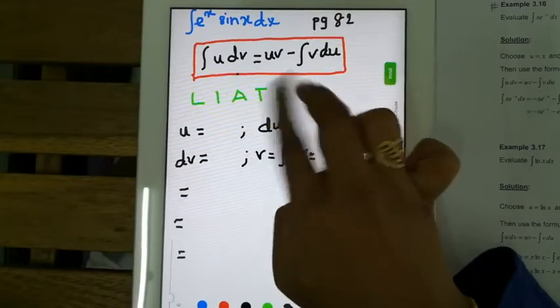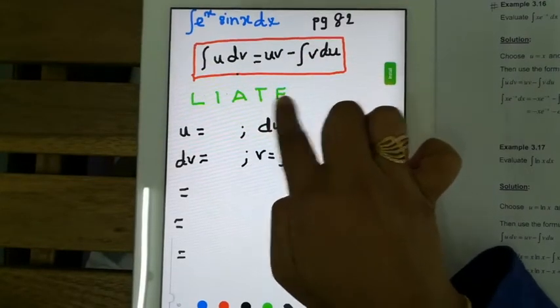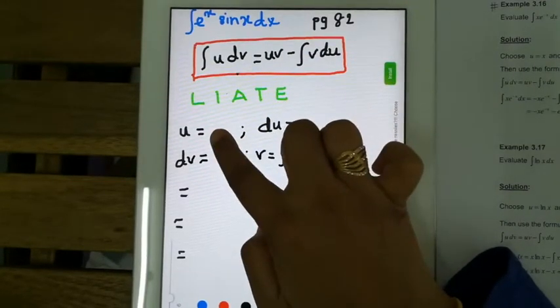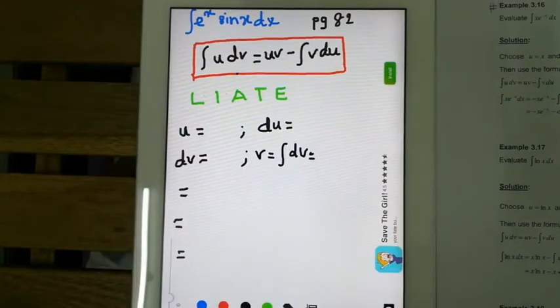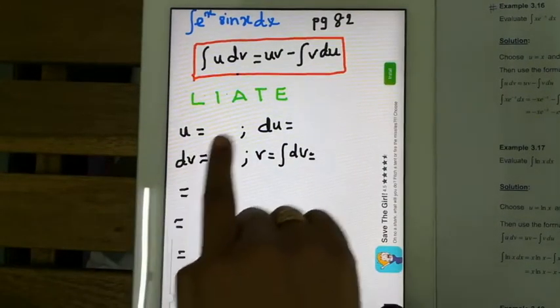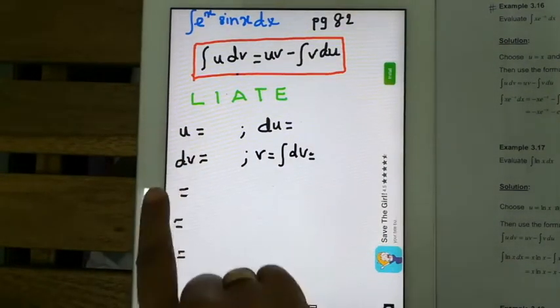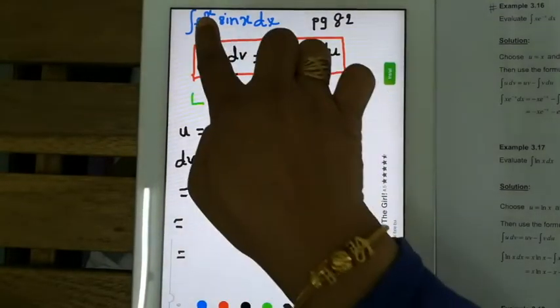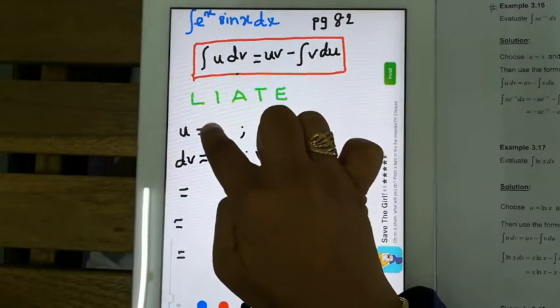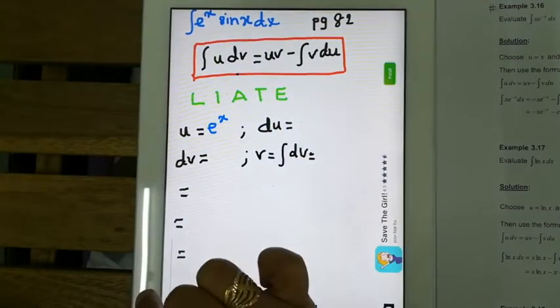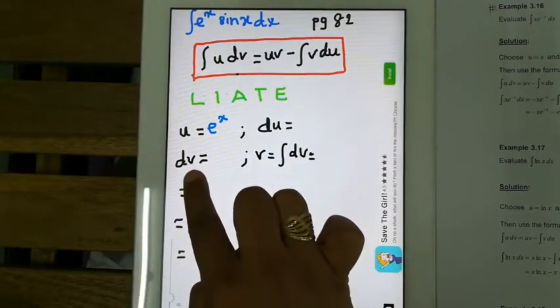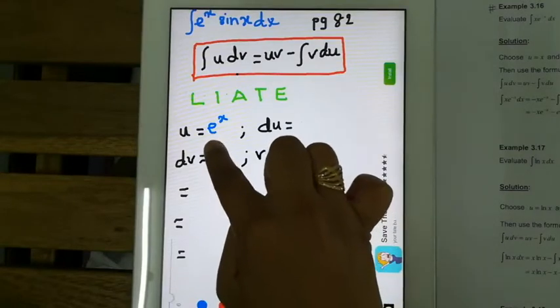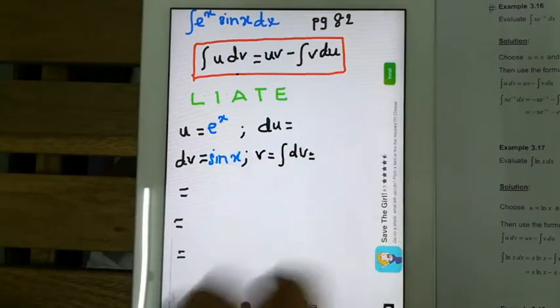You can interchange the two, either one can be u. Is that clear? In our module, e^x will be u, so dv will be sine x.